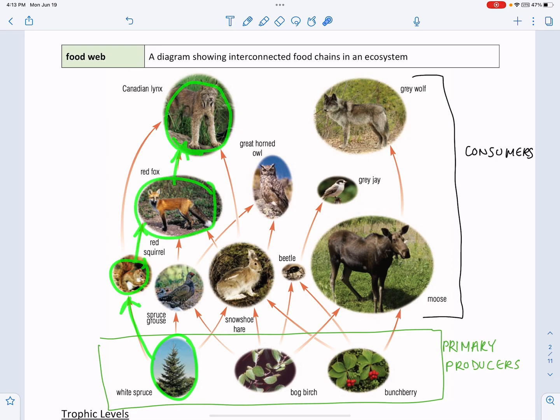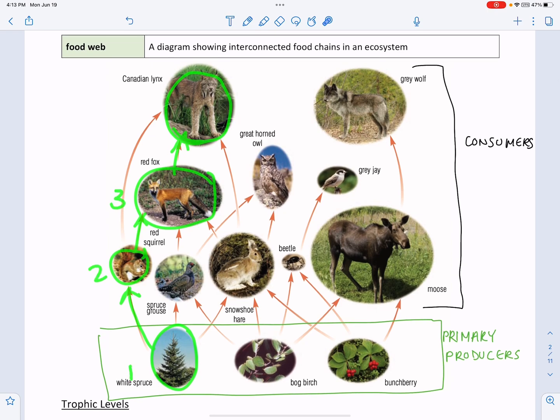In this case, we've created a food chain with 1, 2, 3, 4 organisms by following the arrows from beginning to end. This food chain consists of the white spruce, the red squirrel, the red fox, and the Canadian lynx. There are many different possible food chains that can be created from one single food web.